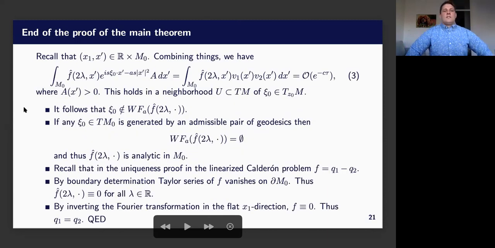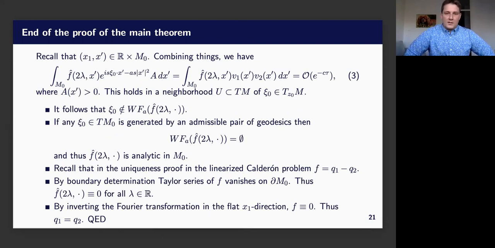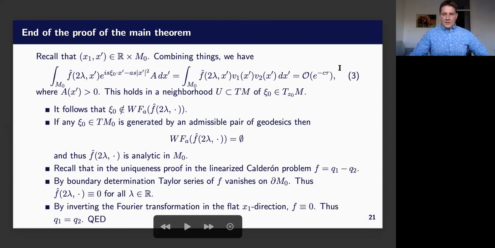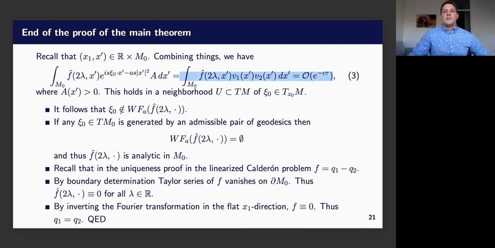So this is the end of the proof of our main theorem. Let's combine everything we've got. We have the equation 3. Let's start from the right. This equation here was the result of the integral identity of the linearized Calderón problem applied to CGOs with exponentially small error in the corresponding Gaussian beams V1 and V2.